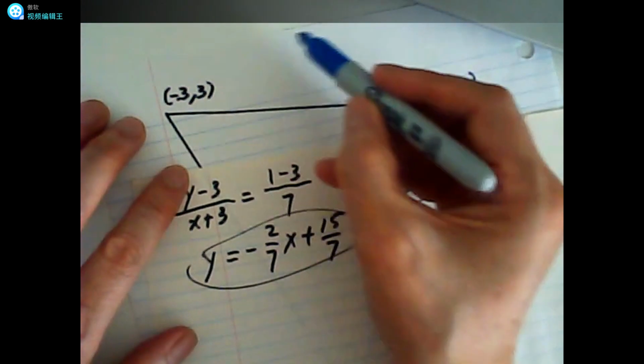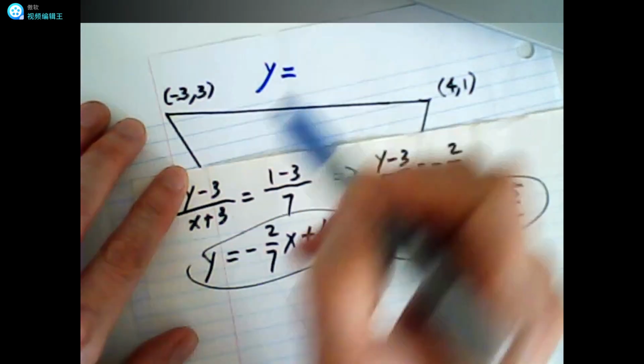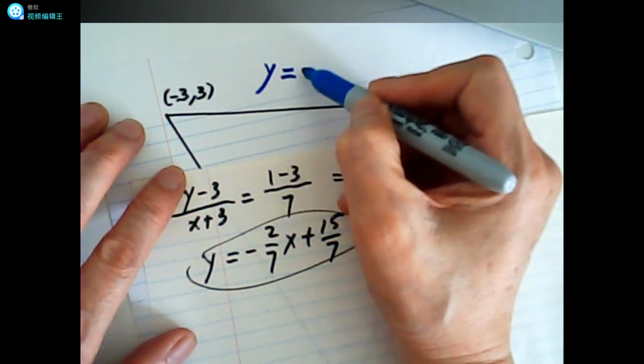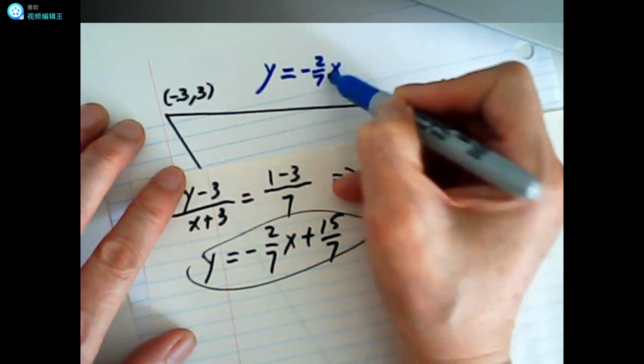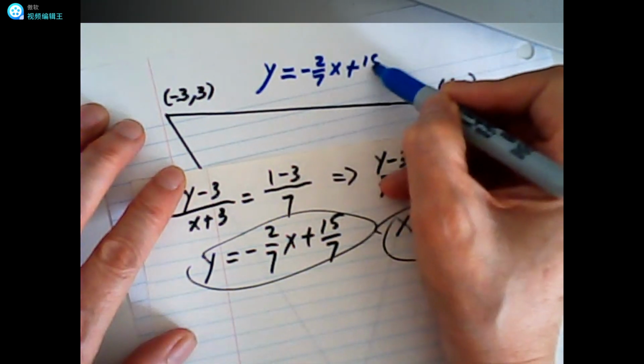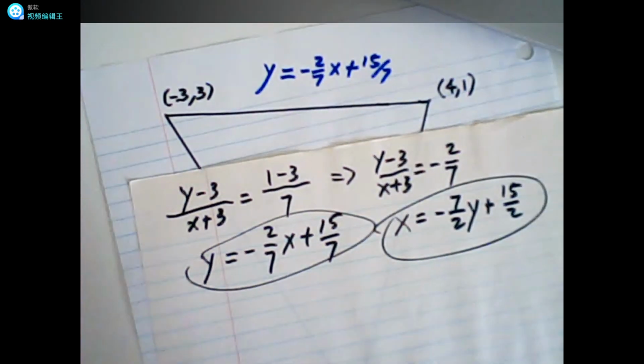This is y is equal to negative 2 over 7 x plus 15 over 7.